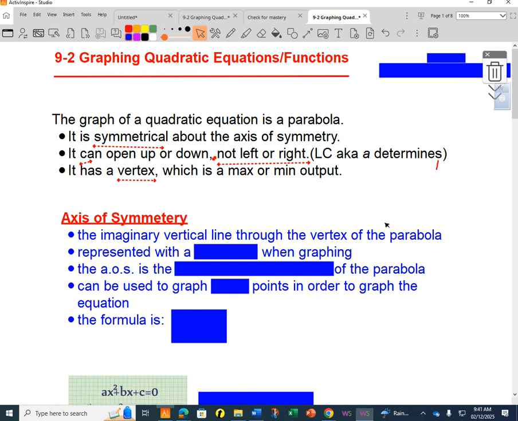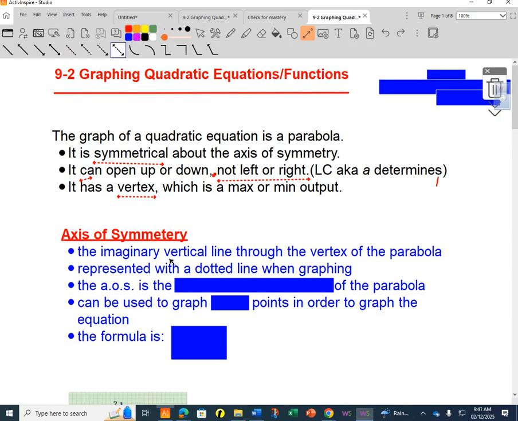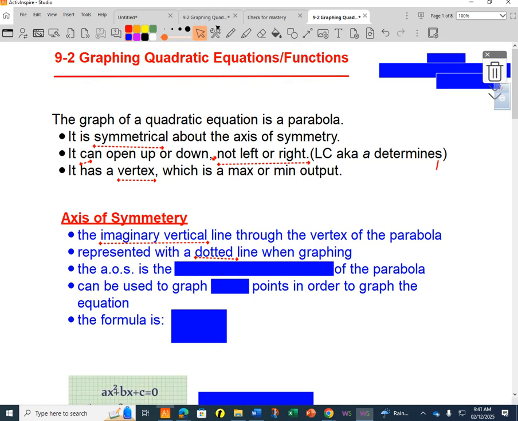It's got to be up and down. It's represented with a dotted line when graphing. But remember, it's not actually part of the graph. It's not actually part of the parabola.